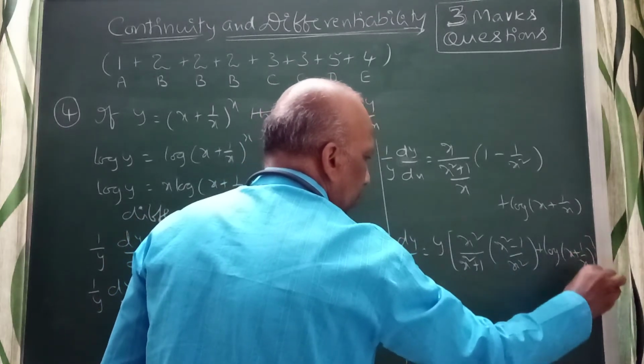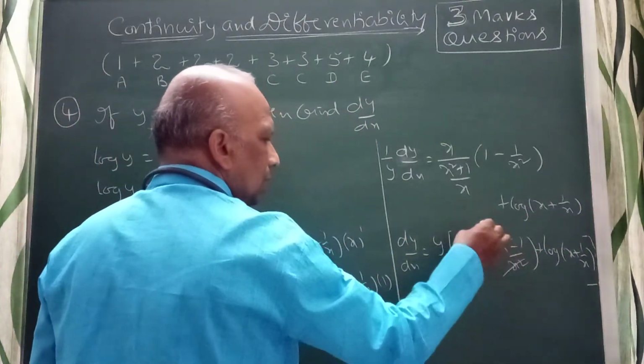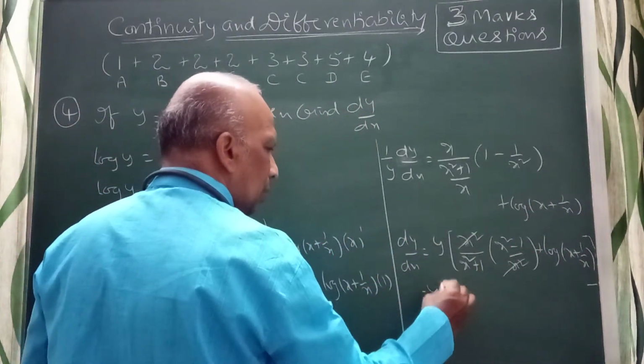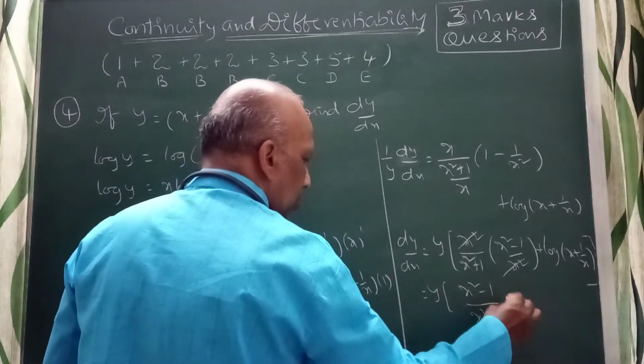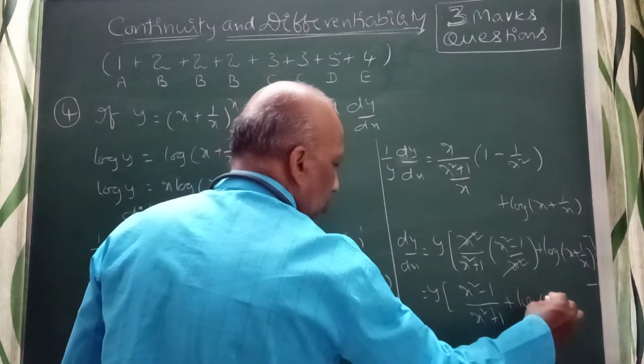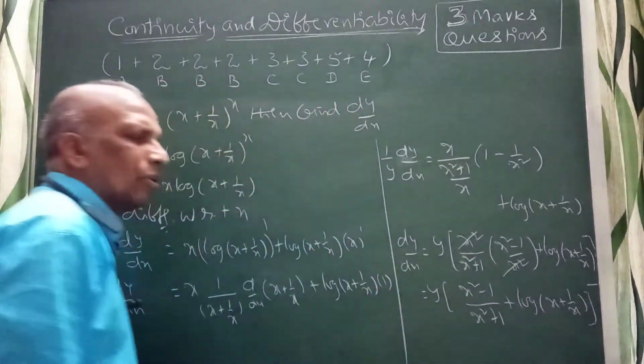This x square will get cancelled. You will get y into [(x square minus 1) by (x square plus 1) plus log of (x plus 1 by x)]. So that will be your required answer.